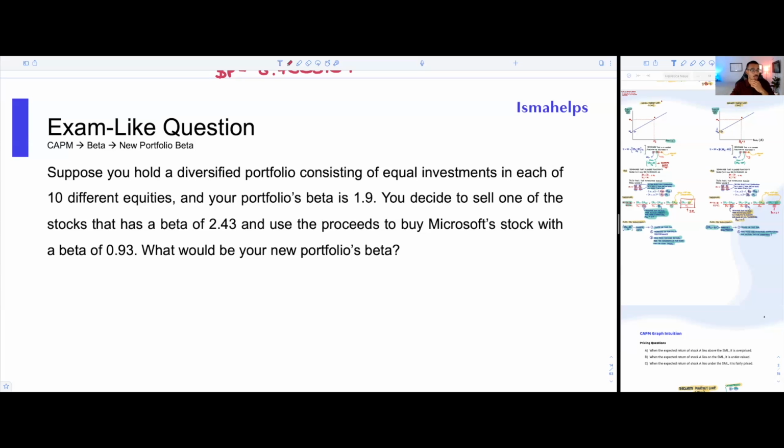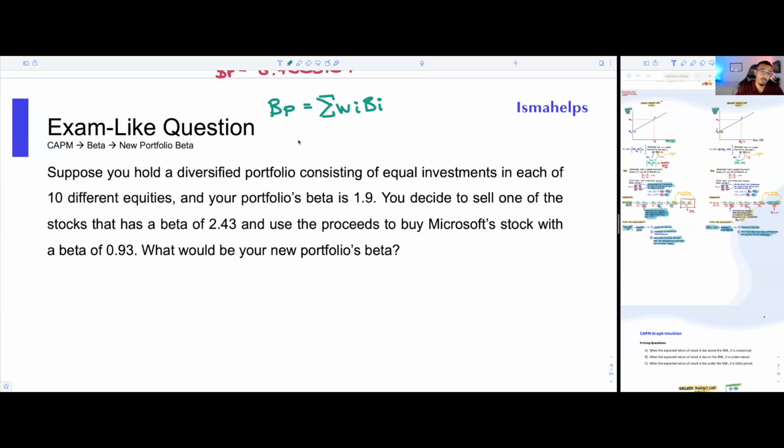So in this case, we're dealing with some portfolio beta and new portfolio types of questions. There's really only one formula that you need to use, and it's very straightforward. I just need you to understand that the beta of a portfolio is simply equal to the weighted average sum of its individual betas.